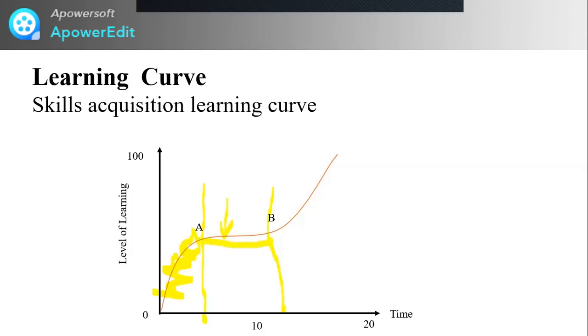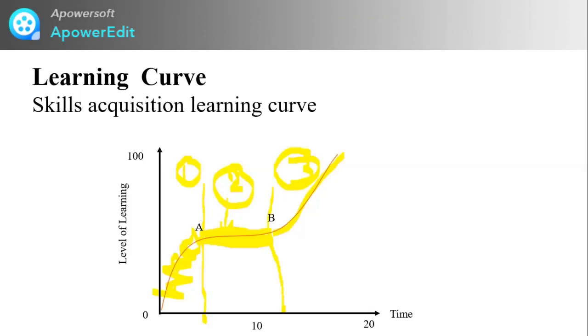After practicing, you need certain time to apply and enjoy the learned thing. Then after a certain time period, you again start to learn the third part. First you learn, secondly you use your learning to acquire the reality, and thirdly you again enjoy the learning. That is the skill acquisition learning curve.